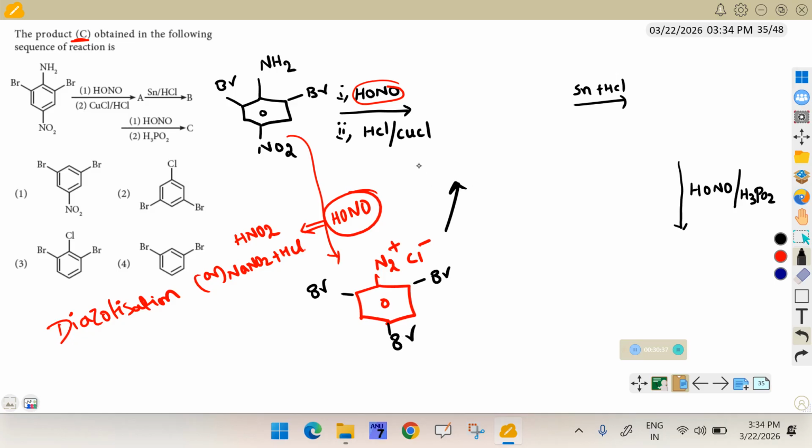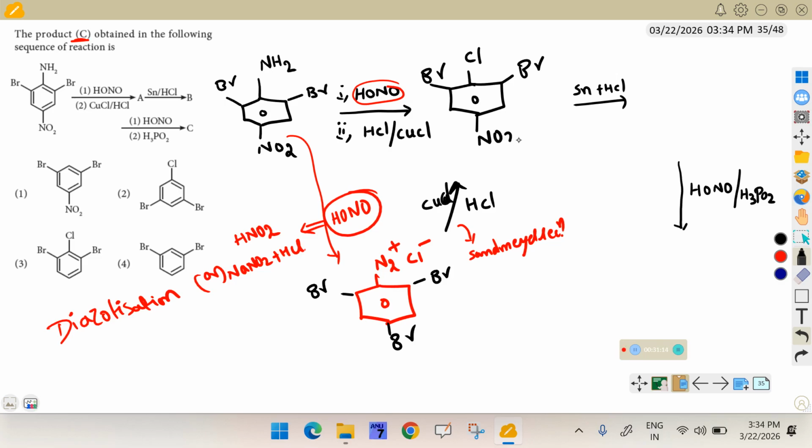Further it reacts with CuCl, HCl. The reaction is called Sandmeyer's reaction. In the Sandmeyer reaction, the diazonium chloride disappears and in that place chlorine is substituted. Cl, Br, Br, NO2.